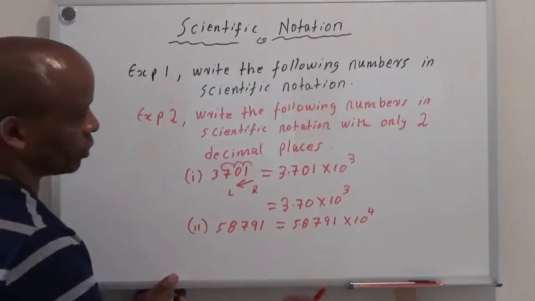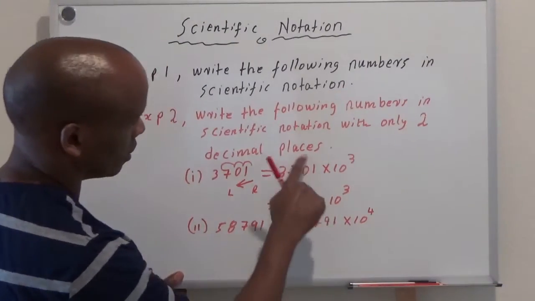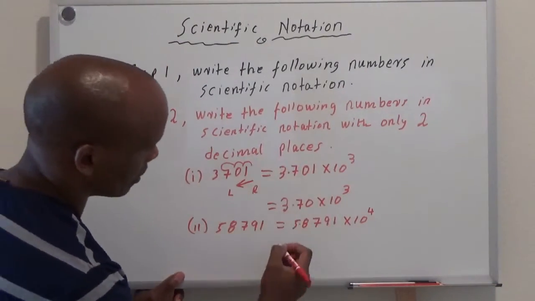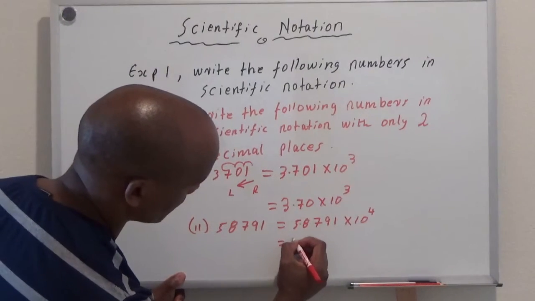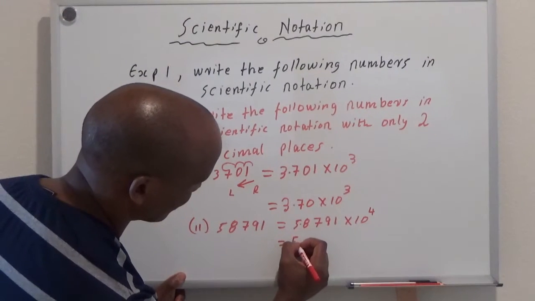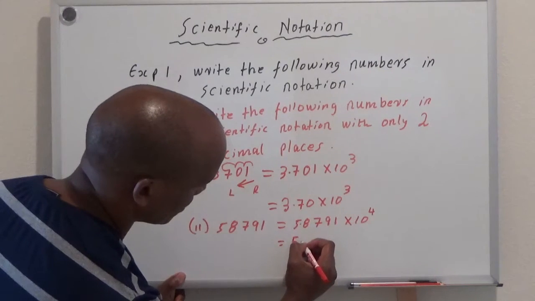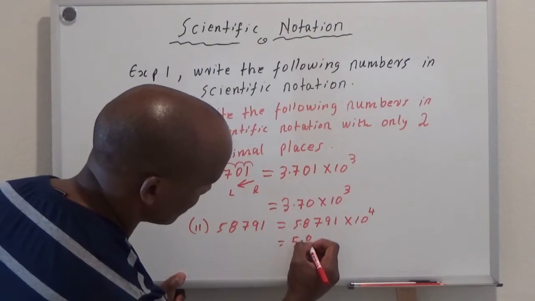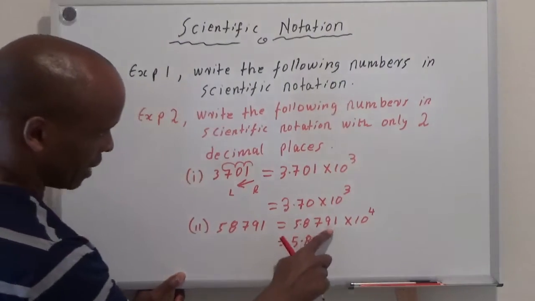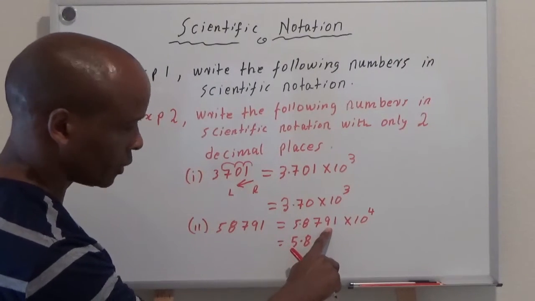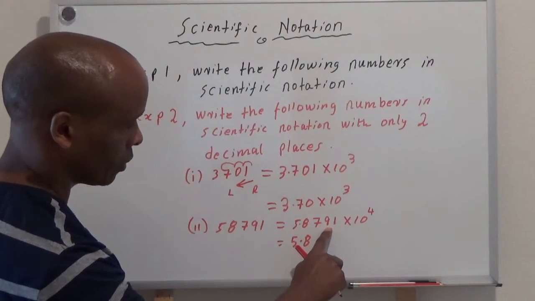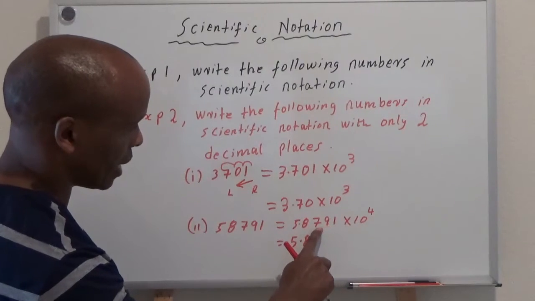But now they ask you to leave it to 2 decimal places. So it's 5.8, because 9 is greater than 5, so you make it 1 and add it to the 7.